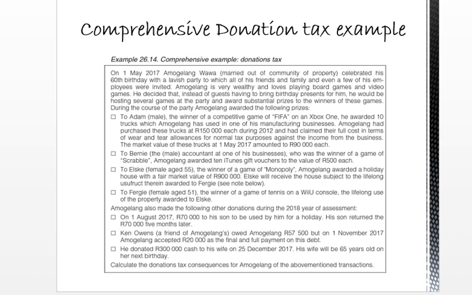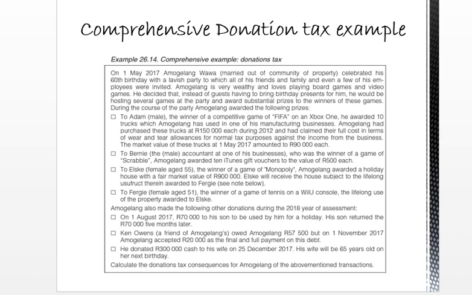Amogelang had purchased the trucks at 150,000 rand each in 2012 and had claimed the full cost in terms of wear and tear allowance for normal tax purposes against the income from the business. The market value of these trucks currently on the 1st of May is 90,000 rand each. So what is the donation tax consequence of this?